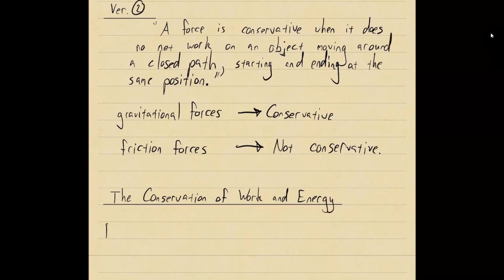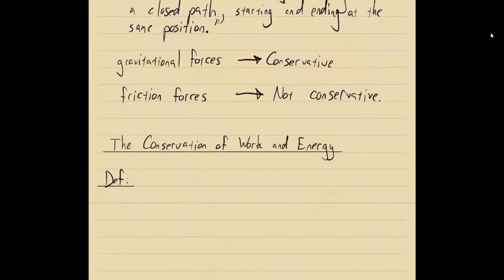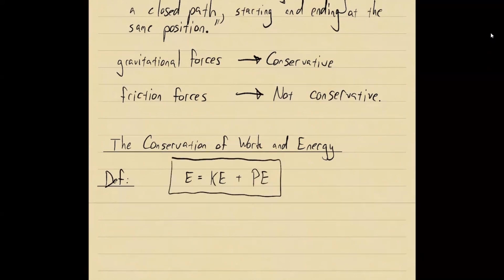So we need to define, there's a lot of definitions, but we're going to define the total energy of an object to equal the object's kinetic energy plus the object's potential energy. So this is our definition.